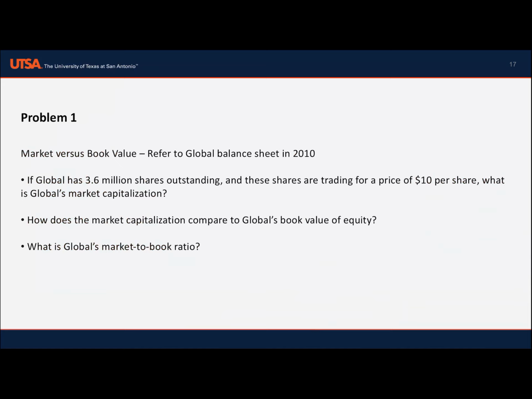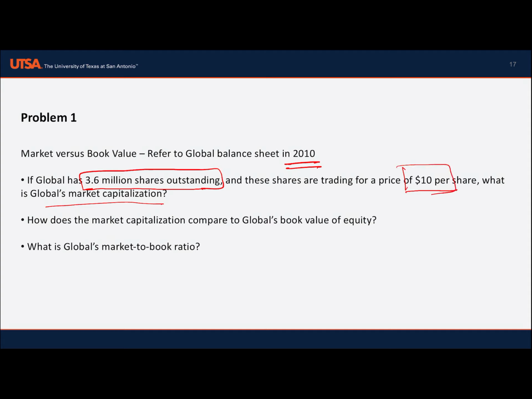Okay, let's solve the problem. Problem 1. Market versus book value, referring to Global's balance sheet in 2010. If Global has 3.6 million shares outstanding and the shares are trading at a price of 10, what is Global's market capitalization? We just multiply the number of shares outstanding by 10.